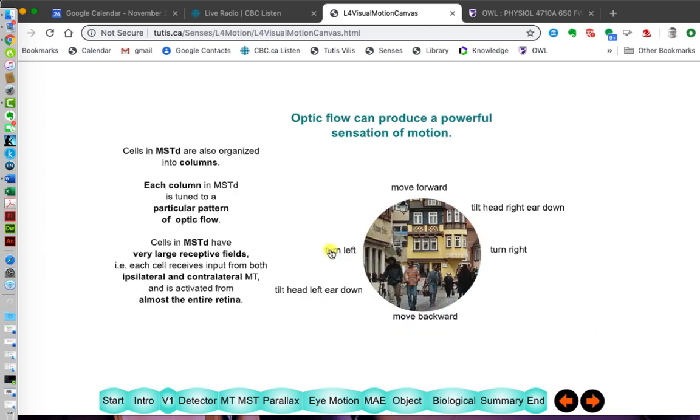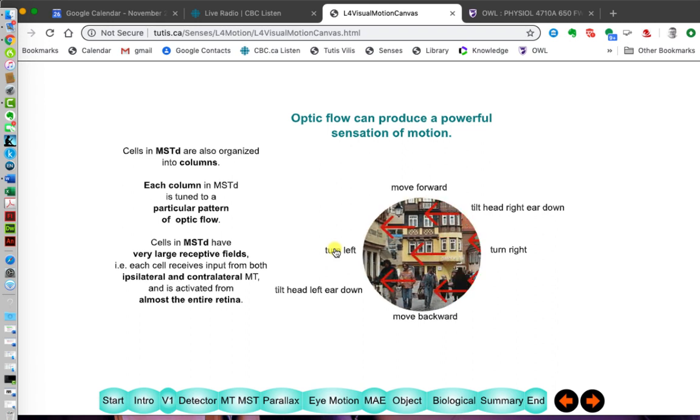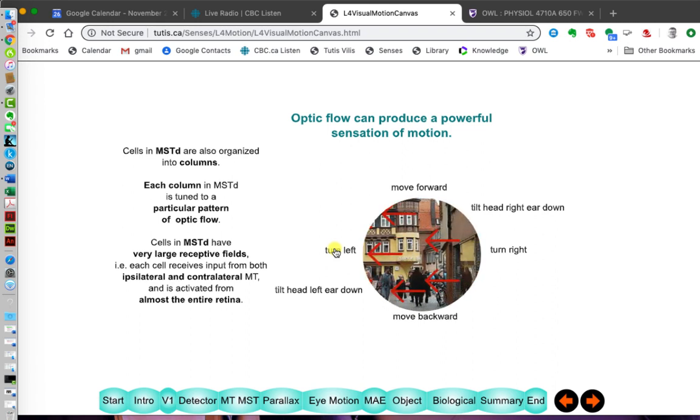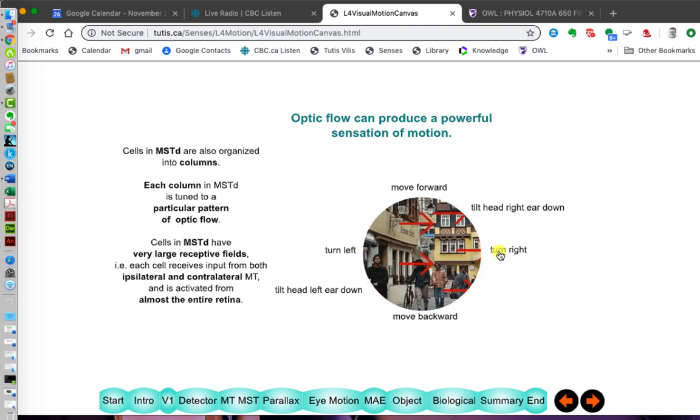You can see that the different patterns are like there's things moving in this direction when you're moving in the opposite, things moving in this direction when moving.